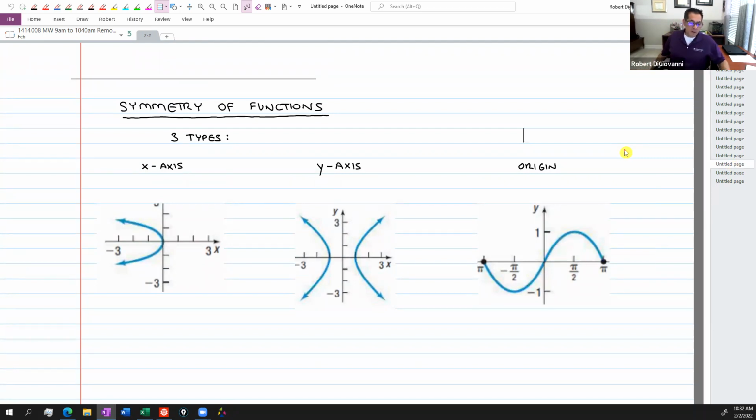When it comes to functions, we have this concept called symmetry, the symmetry of functions. And when it comes to symmetry, there are 3 types of symmetry. Now, not every function has to have symmetry, right? If somebody gives you a function, it doesn't have to have any sort of symmetry. But if it does have symmetry, it's one of 3 types.